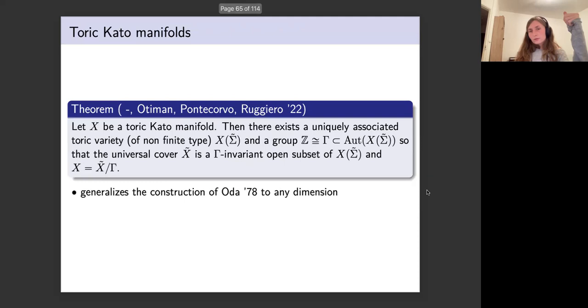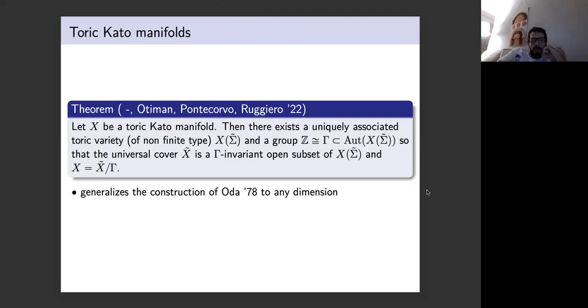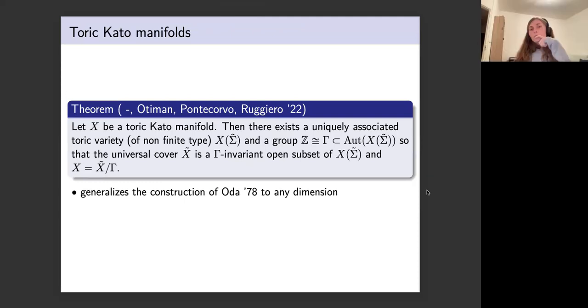So what do you mean by non-finite type? So if I don't put finite type, usually when you say toric variety, you will think covered by finitely many affine charts. So non-finite type means I don't ask it to be covered by finitely many charts. So in particular, this fan will not be finite.